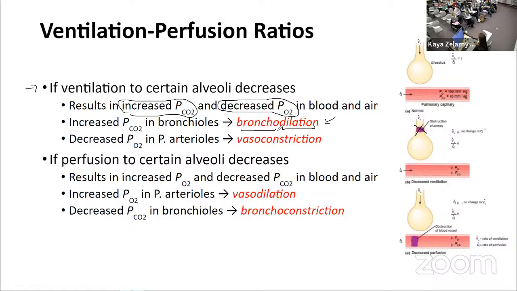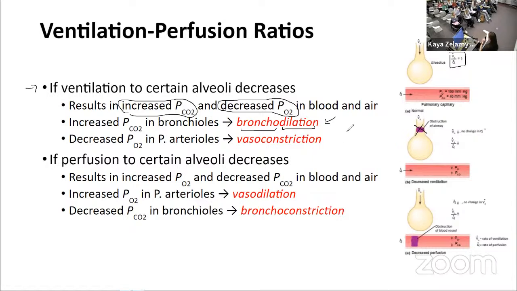Broncho referring to the airways, dilation referring to expanding. So if we see a buildup of carbon dioxide in the bronchioles, those airways are going to get larger, fatter, decreasing their resistance, hopefully allowing you to move more air more quickly. We are also going to try to maintain this ventilation-perfusion ratio.